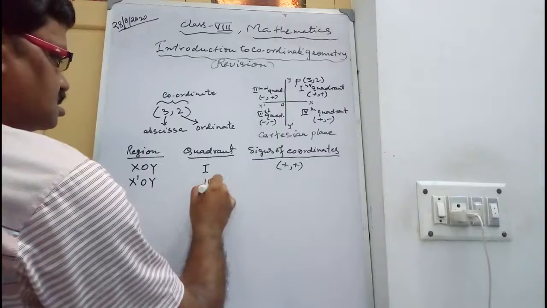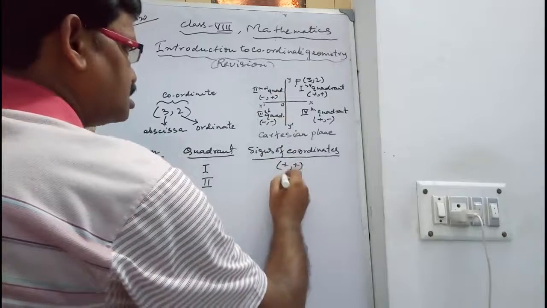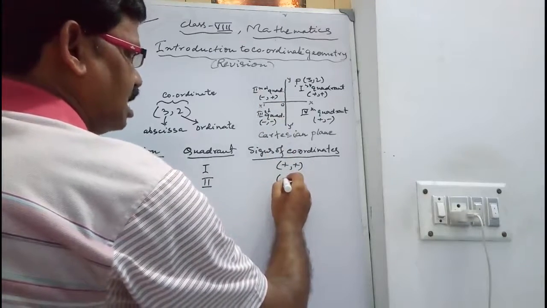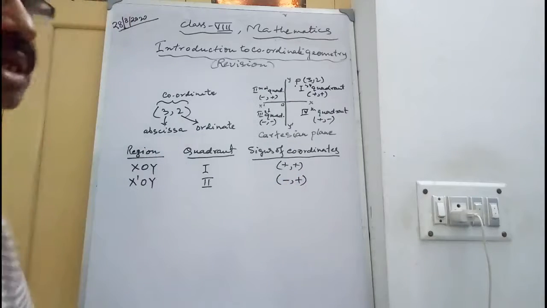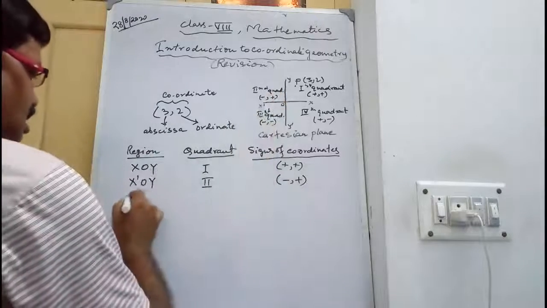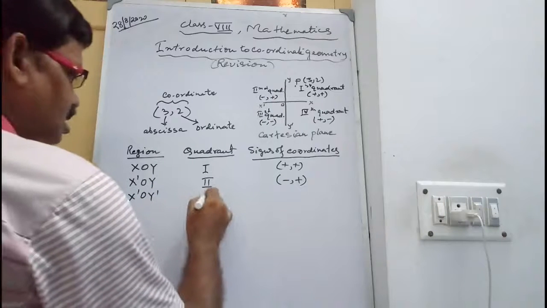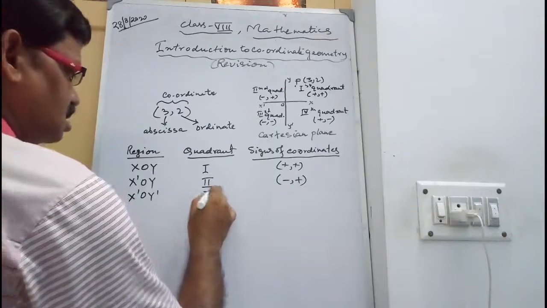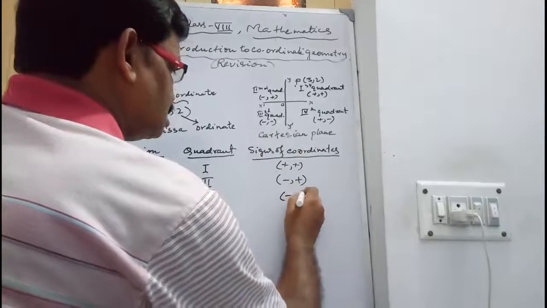This is known as second quadrant, and here the signs of X and Y are minus and plus. Third one, X dash OY dash. This quadrant is third quadrant, and both are negative.